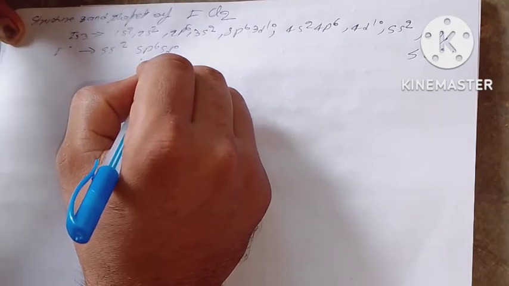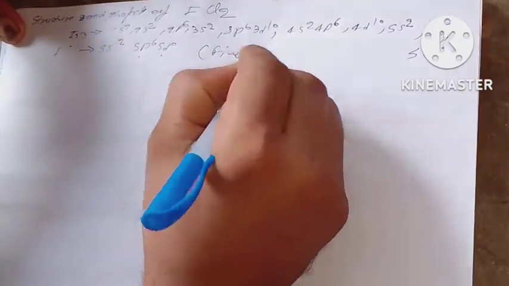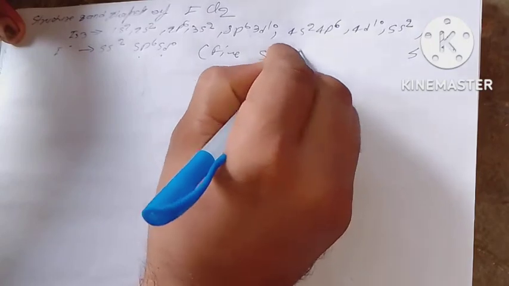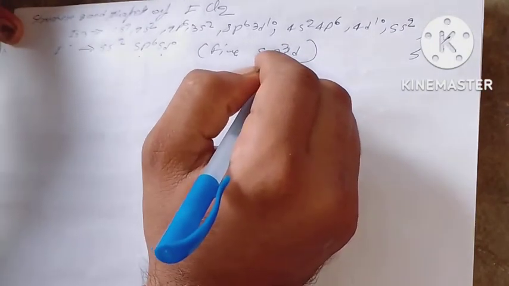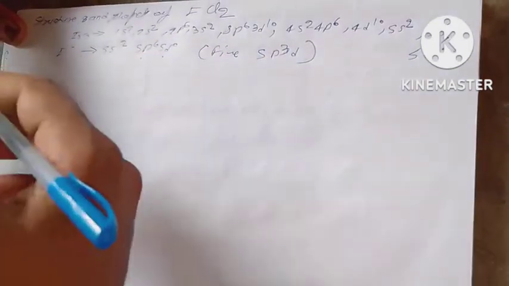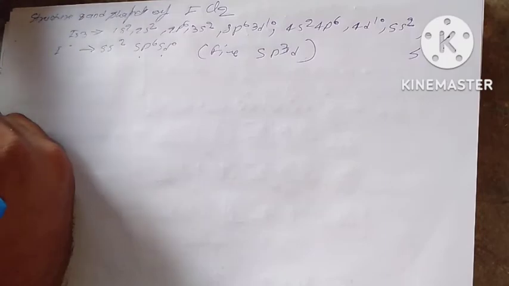These 5s, 5p and 5d orbitals mix together to form sp3d hybrid orbitals. Three of these are occupied by lone pairs, while the other two are half-filled.